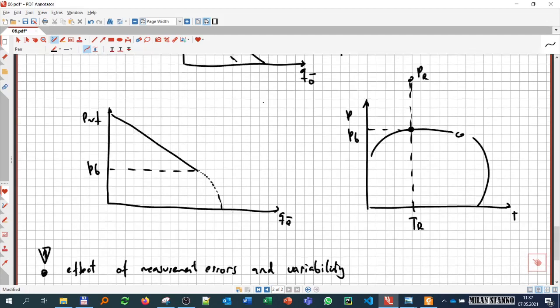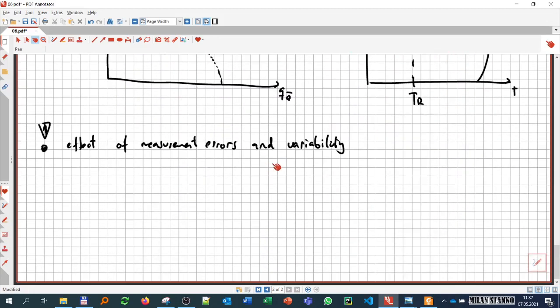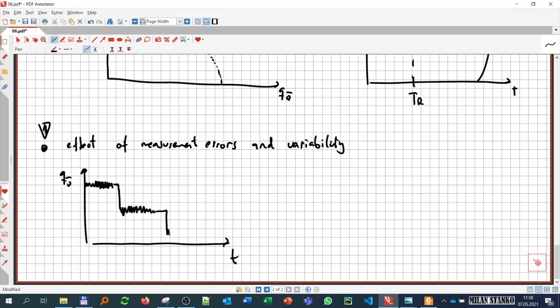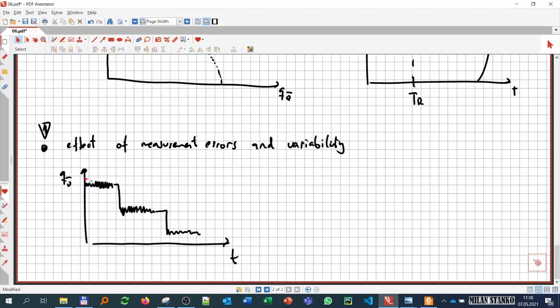Typically here we have said the behavior of rate is very clean, it's simply a straight line, and the pressure is very clean, but in reality we have a lot of variability in these measured rates. So probably there will be some fluctuation here, and also here, and it will be the same for PWF. So in that case you have some band. It's not just one value, but you have a band.